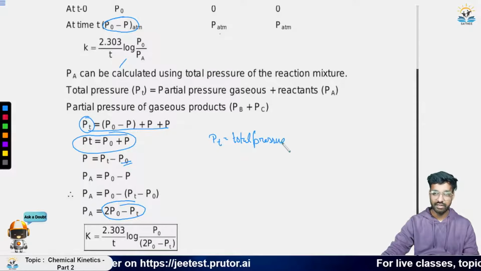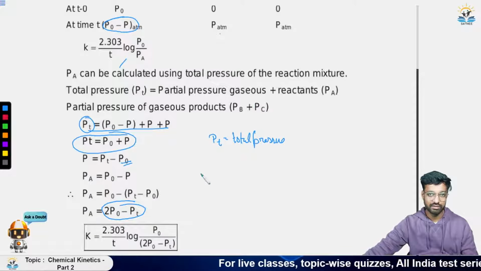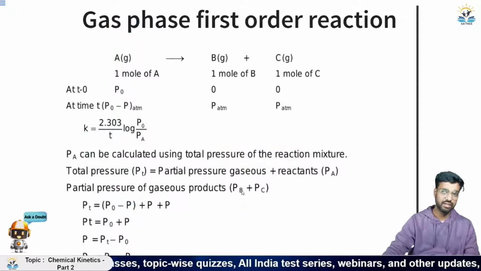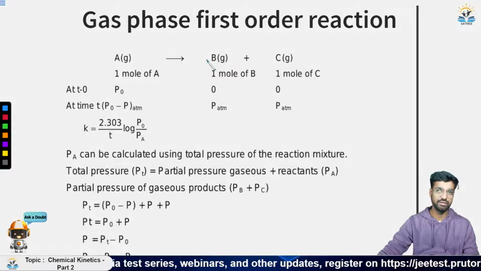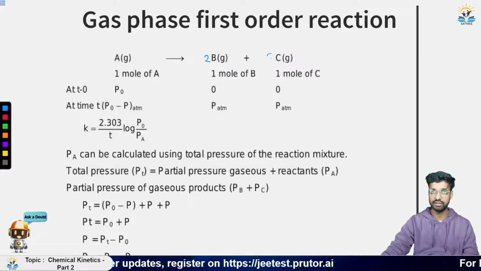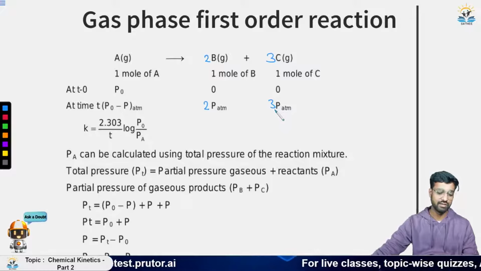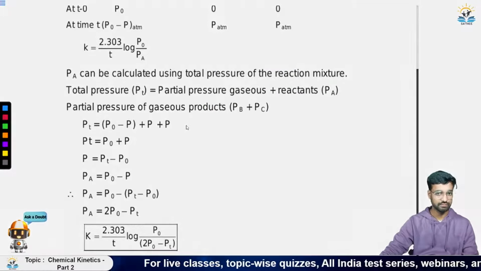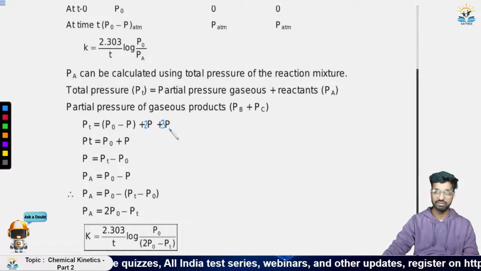Now children, the thing you should keep in mind is that this is not a general form, because in some cases the reaction is not having the same equation that we have used here. So maybe we can have A going to 2B plus 3C. Then in that case, this will also change correspondingly. Similarly, it will be 2P plus 3P, so this will also change.